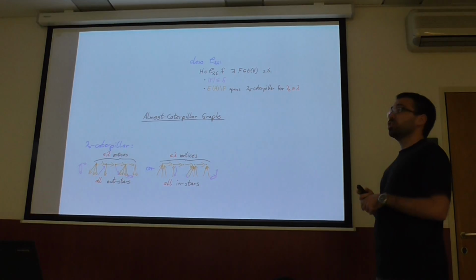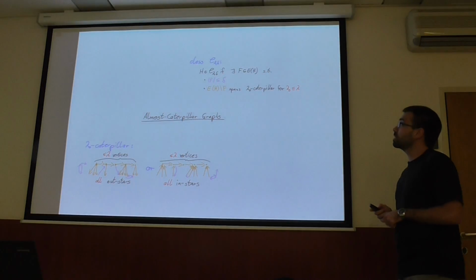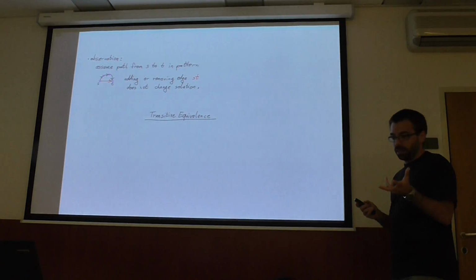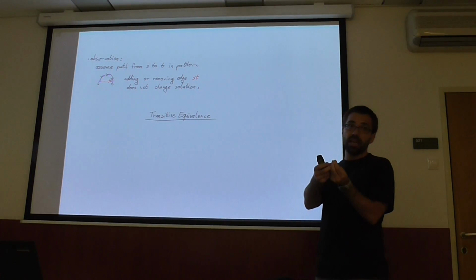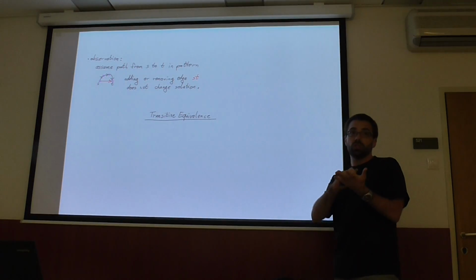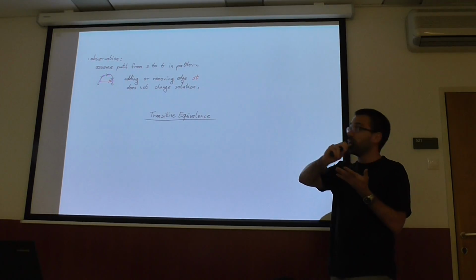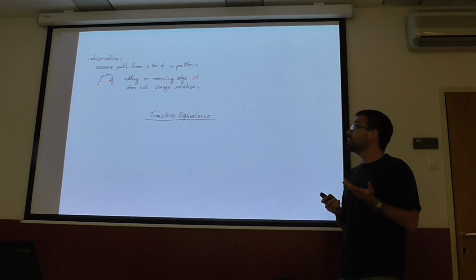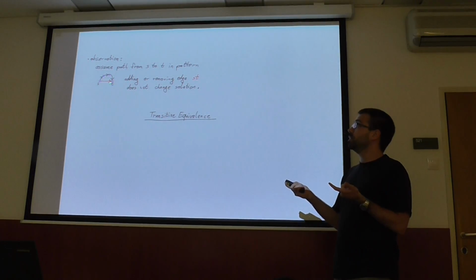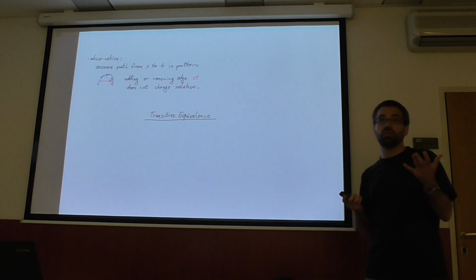There's one more definition I need, which is based on the following observation. Let's say in your pattern you have a path from a terminal S to a terminal T. Then in any feasible solution you will also have a path from S to T, right? So if you add the direct edge between S and T into the pattern, this doesn't change the solution space.